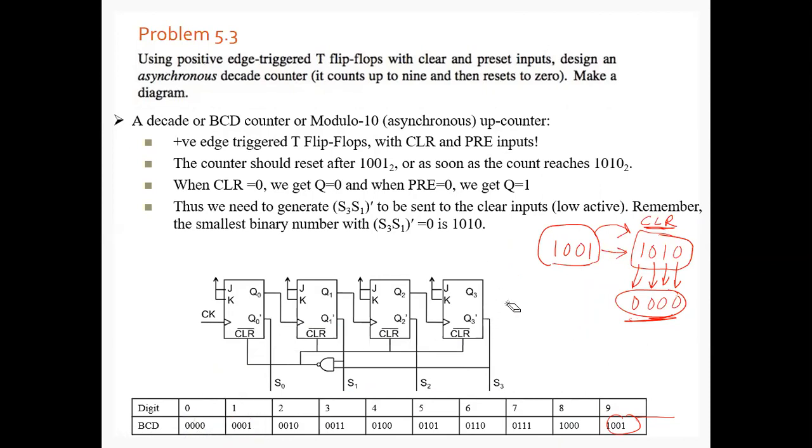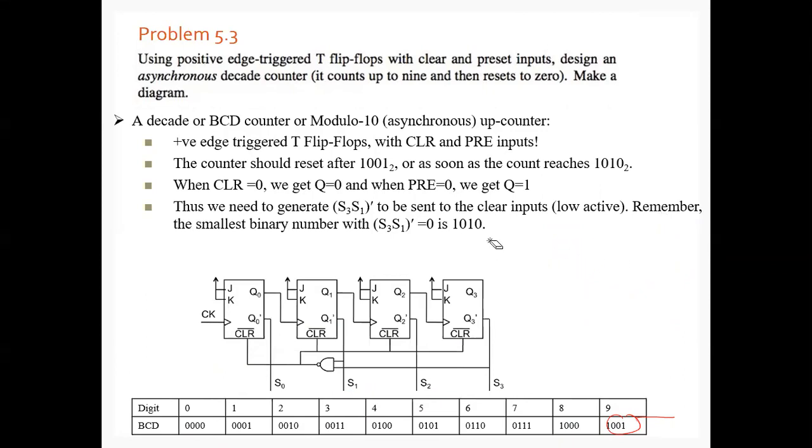So how do you do that? The thing is, this is my S0. Okay, so what do we need? 1010 has to be 0, 0, right?